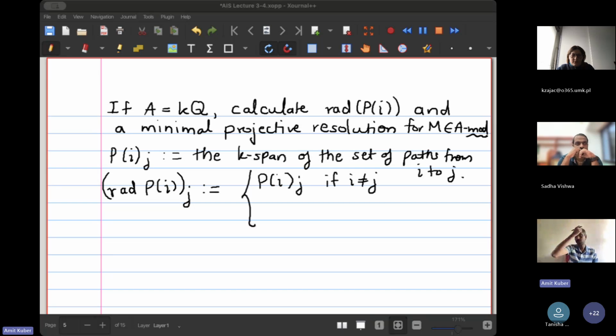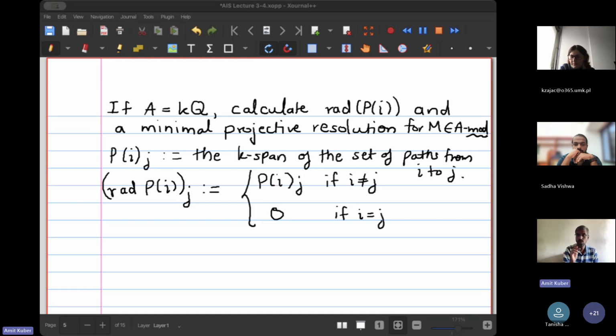And what is the top? The lazy path at vertex i. That is the only thing we have to remove. So the codimension of the radical would be exactly 1. I'm just going to write 0 if i is equal to j, because A is finite dimensional, so the quiver Q is acyclic, so there are no loops possible from i to i.